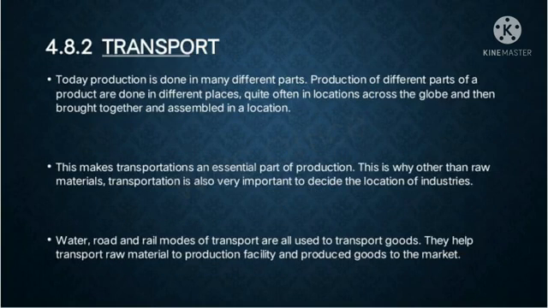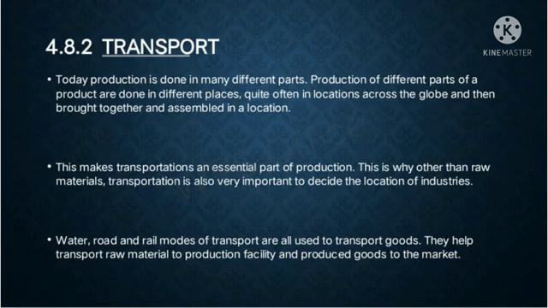Transport. Today production is done in many different parts. Production of different parts of a product are done in different places, quite often in locations across the globe, and then brought together and assembled in a location. This makes transportation an essential part of production.